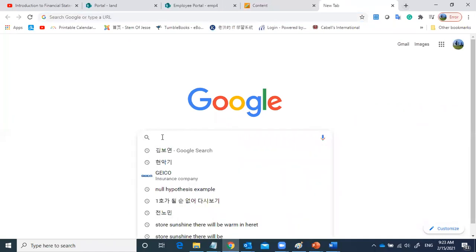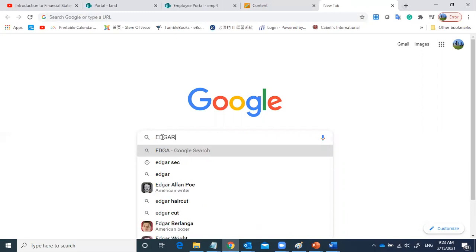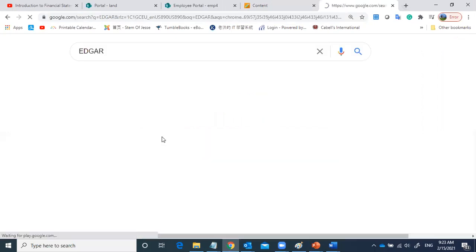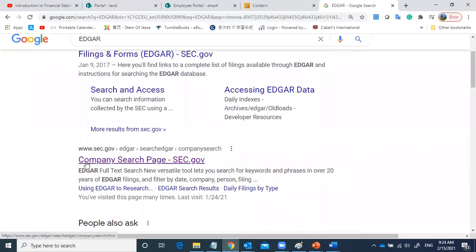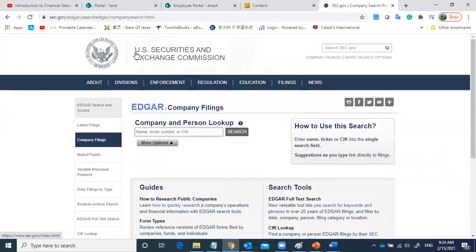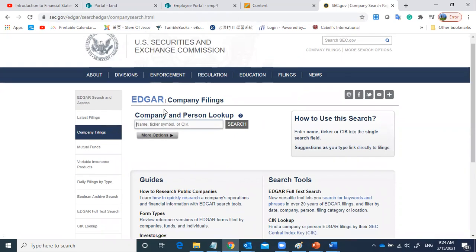When you Google EDGAR, it is a filing and forms database required by the U.S. Securities and Exchange Commission. So when you go to the SEC document, look for the EDGAR database.